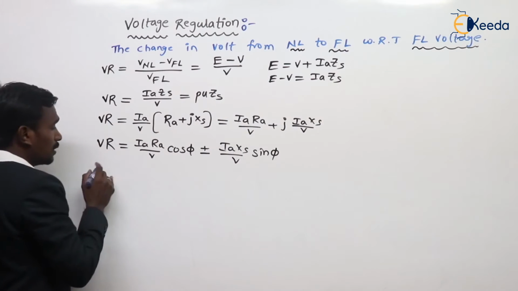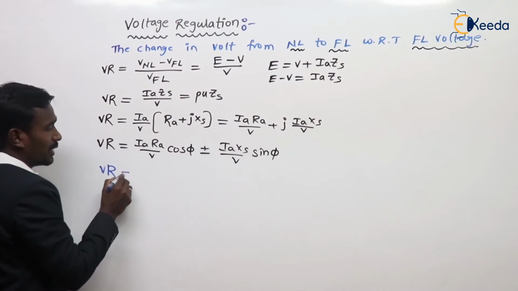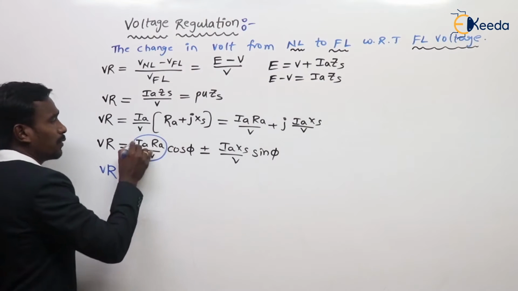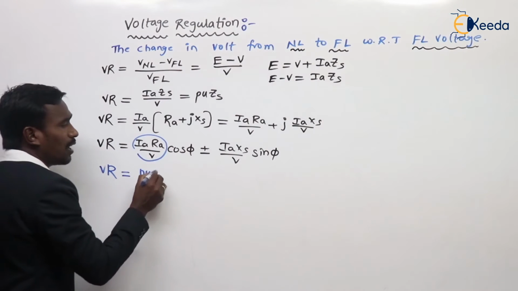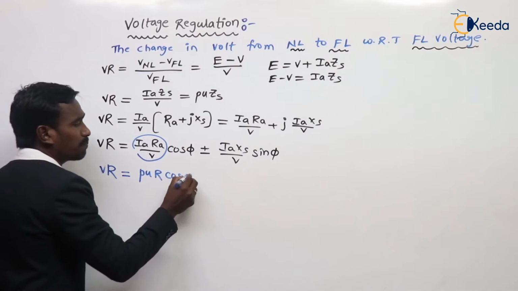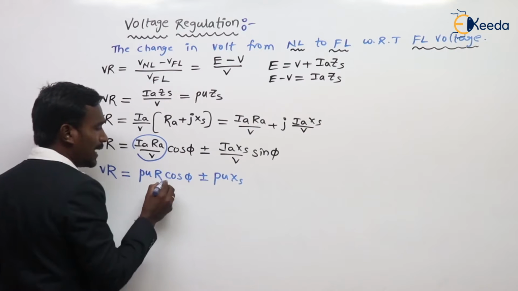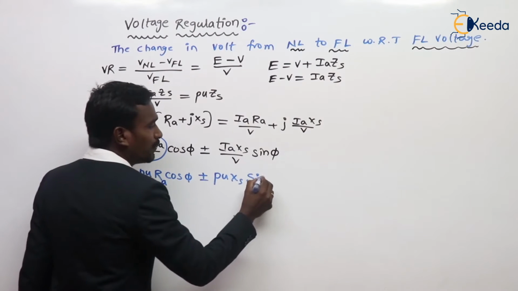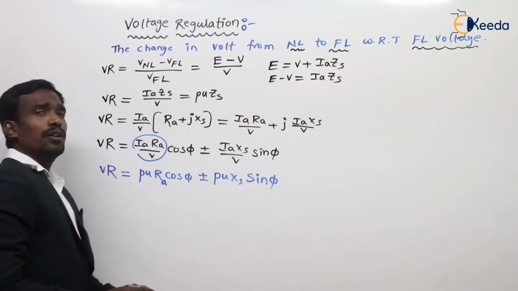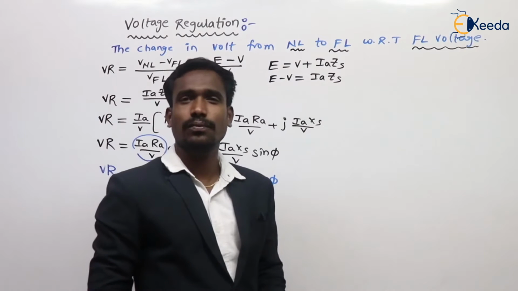From this, the voltage regulation can be written as per unit R of cos phi plus or minus per unit X of sin phi. This is our final voltage regulation.